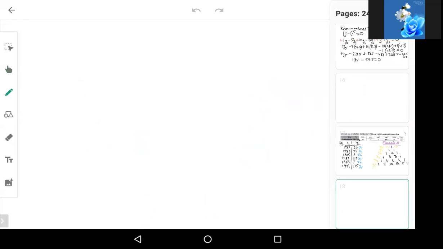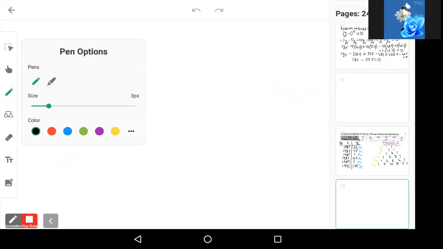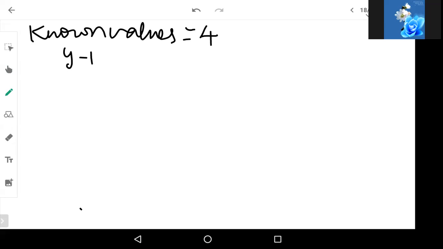So therefore, known values is equal to 4. Okay, known values is equal to 4. So (y minus 1) to the power 4 is equal to 0. So until here, everything is same.